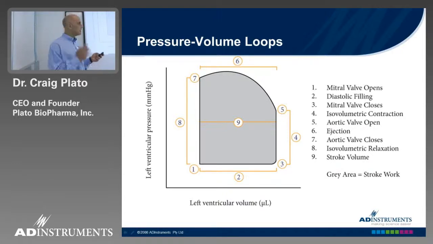Okay, and the reason, does anybody know why the volume is on the X and not the other way around? Any thoughts around that? Okay, so when one is graphing data, the x-axis is always the independent variable, right? The one that we can manipulate ourselves.